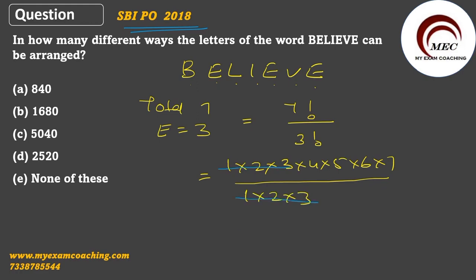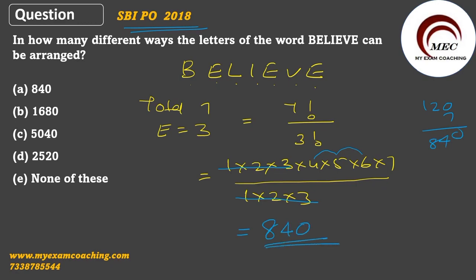So what will be the answer? The answer will be equal to 4 into 5, 20, 20 into 6 is 120, 120 into 7, 840. So 840 will be the answer.